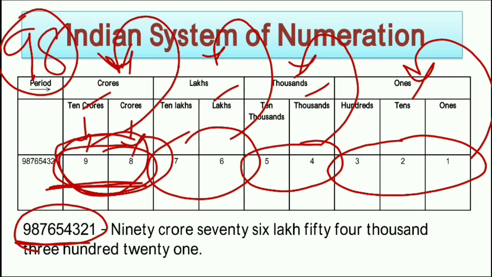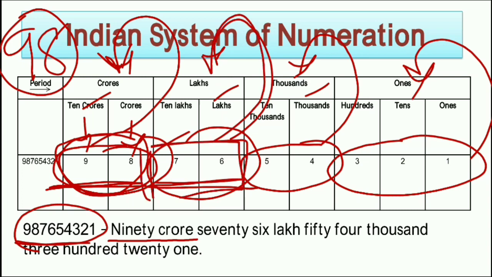So 98 crore. After that 7 and 6 are there, and both are in the lakhs period. According to the period, whatever digits are in one period will be read together. So in the lakhs period 7 and 6 make 76, which means 76 lakh, because they are in the lakhs period.